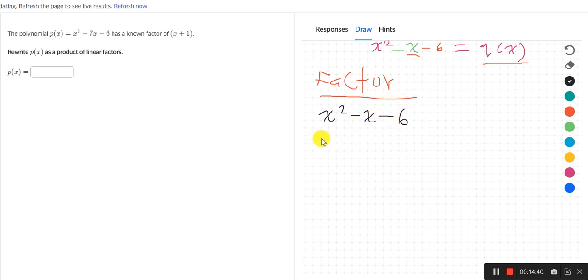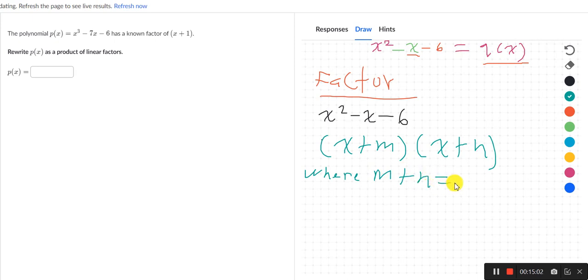This is in the form x plus m times x plus n, where m plus n equals this number here, the coefficient, negative 1, and m times n equals this number here, negative 6.